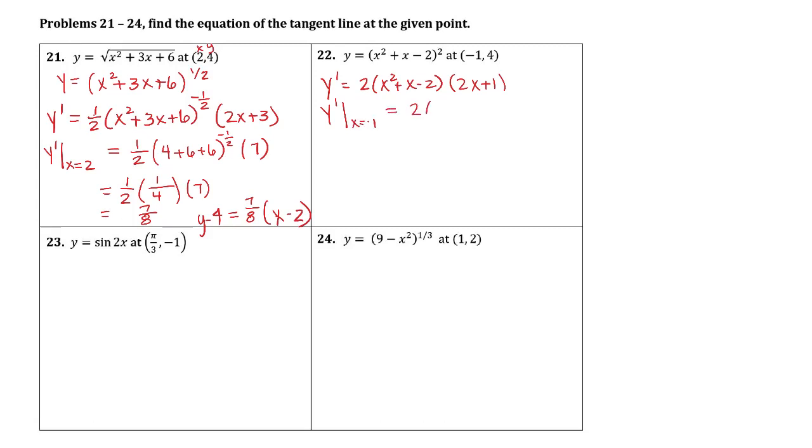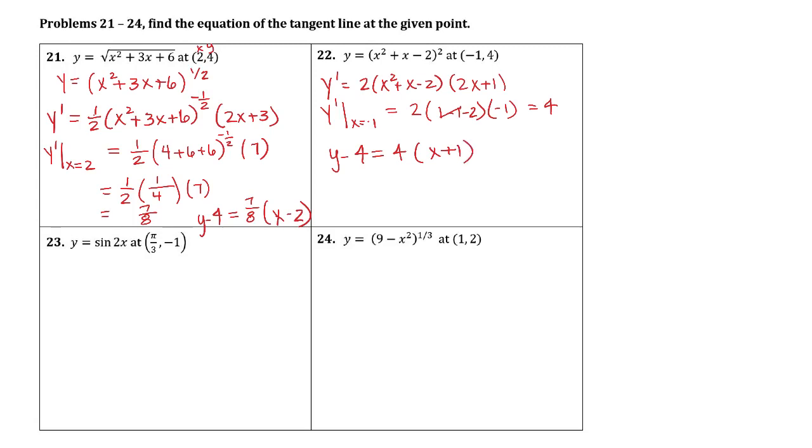And so we have 2 times, that's going to be 1 minus 1 minus 2 times negative 2 plus 1, so negative 1. So let's see if we can figure out what our slope should be. We're going to have, let's see, those cancel, so negative 4 times negative 1, so positive 4. So now we're ready to write our equation. Y minus 4 equals 4 times x minus a negative 1.